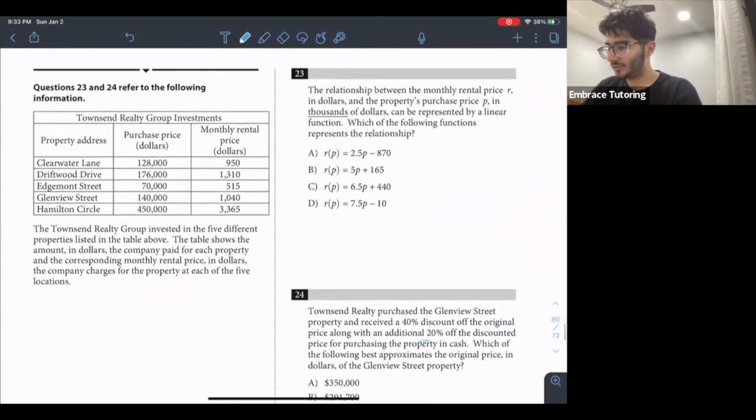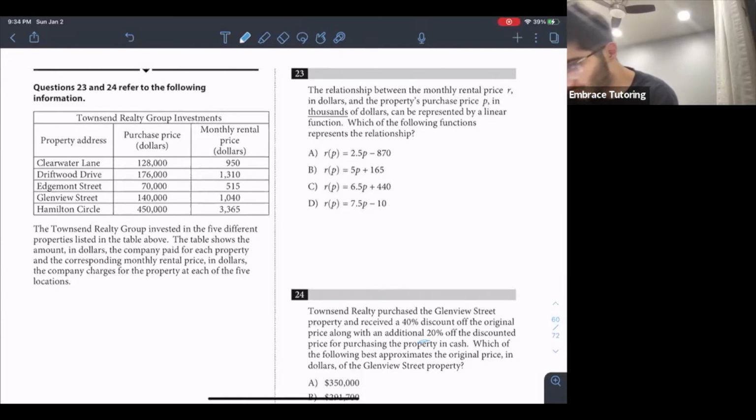Going to 23 and 24. The Townsend Realty group invested in the 5 different properties listed in the table above. The table shows the amount in dollars the company paid for each property, and the corresponding monthly rental price in dollars the company charges for the property at each of the 5 locations.